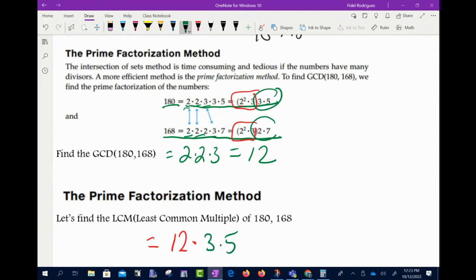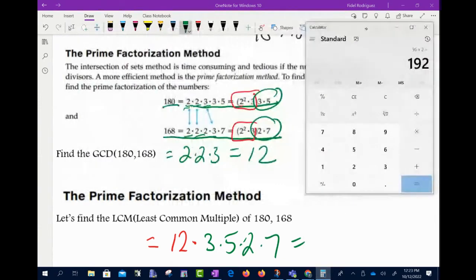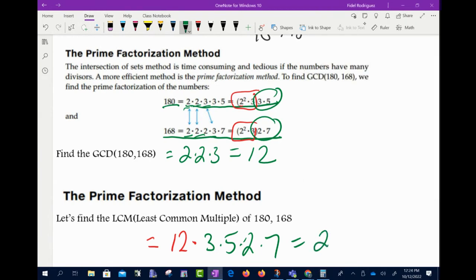So 3 and 5 from here, and 2 and 7 from there. Wow, that's really loud. Okay, and then I'm just going to multiply, y'all. So I'm going to go 12 times 3 times 5 times 2 times 7, and come up with a pretty big number, 2520. Okay, and there's my least common multiple, and that's doing the prime factorization method, right?